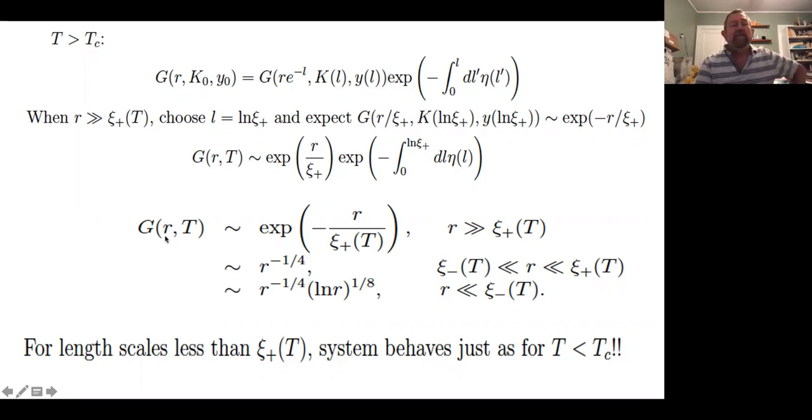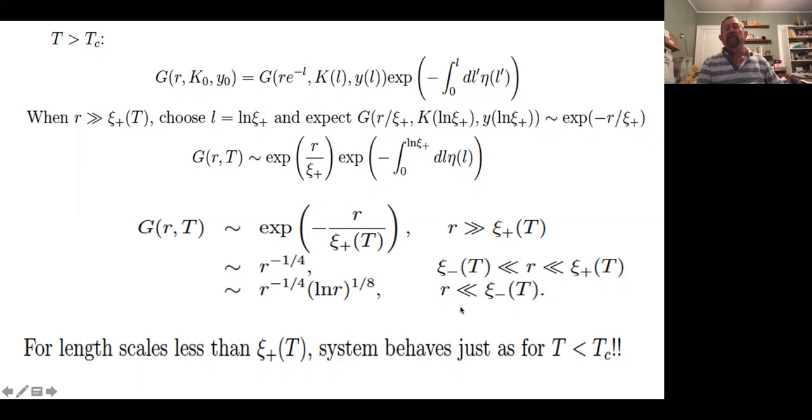Okay, so the conclusions are, we expect the spin-spin correlation function to look like e to the minus R over ξ+ for very large separations. And for the separation lying between ξ- and ξ+, we expect it to behave like R to the minus a quarter.